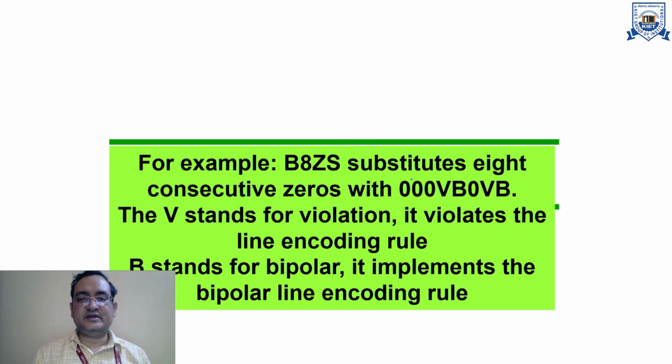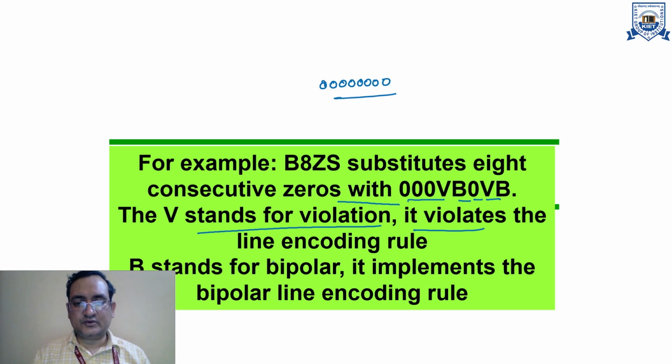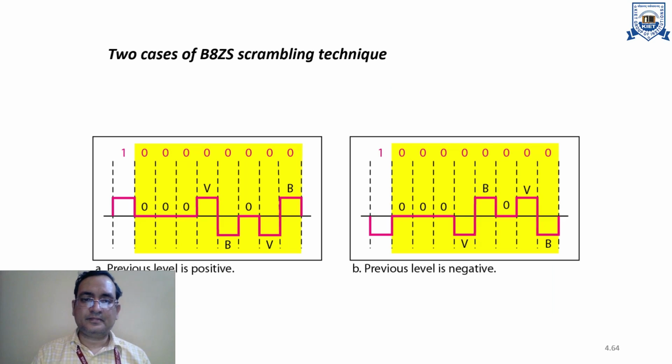For example, B8ZS can substitute 8 consecutive zeros: if 8 sequential zeros have been transmitted, then they will be represented by 000VB0VB. The V stands for violation and it violates the line coding rule, where B stands for bipolar, it implements the bipolar line coding rule. Like this, V is for positive voltage, B is for negative.